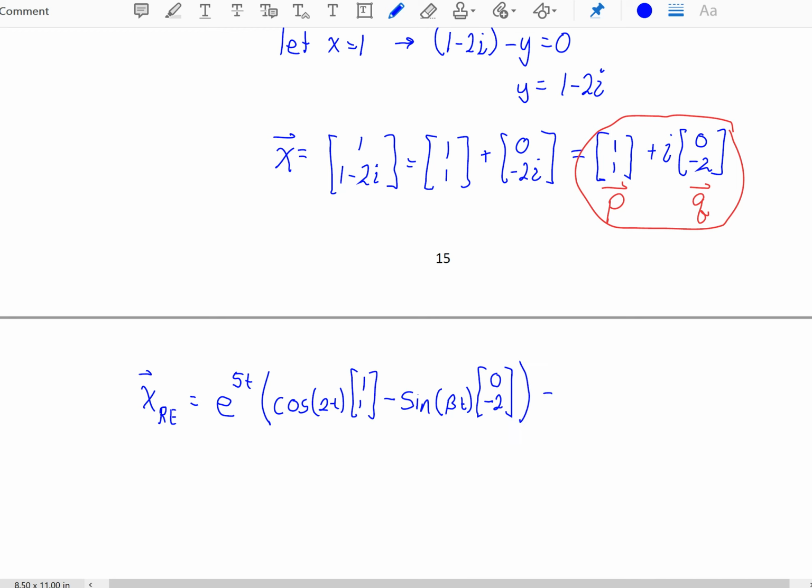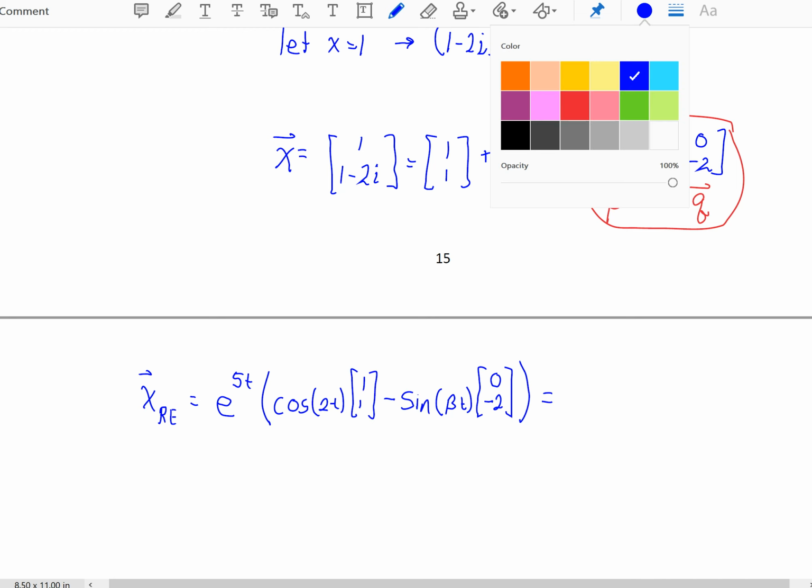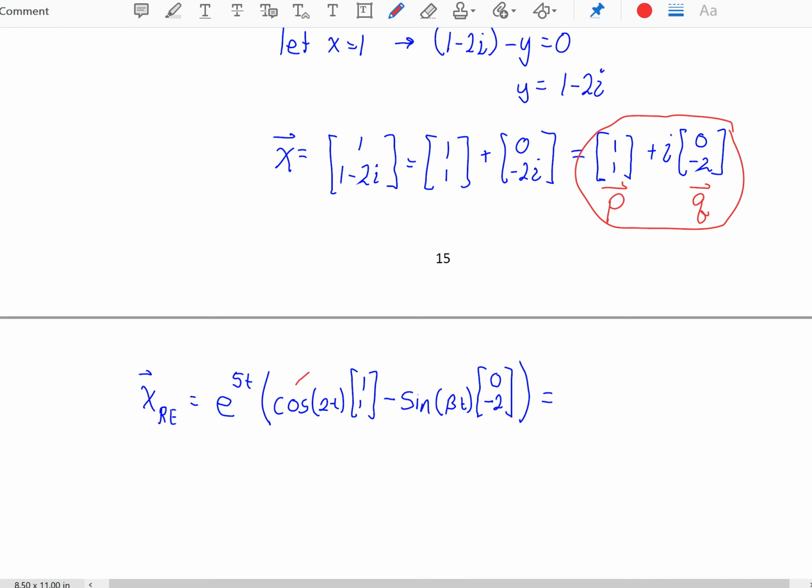which, if we decided to simplify this by multiplying the cosine expression into the vector, the sine expression into our vector, and then combining these two terms, I think we should be able to get e to the 5t. Now our first component would be cosine times 1 minus sine times 0, which is just going to be cosine of 2t.